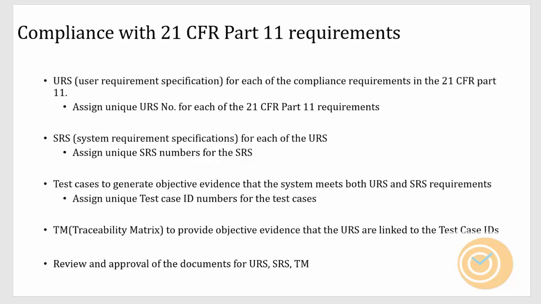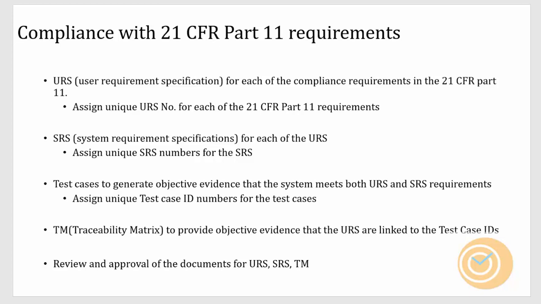Once you have the URS, then define or document the system requirement specifications. If you are designing the system in-house, make sure you define how the system is going to perform to meet your user requirements. And once you have the URS and SRS, you can create functional requirements, but for our validation documents, we cover the functional requirements inside the user requirements.